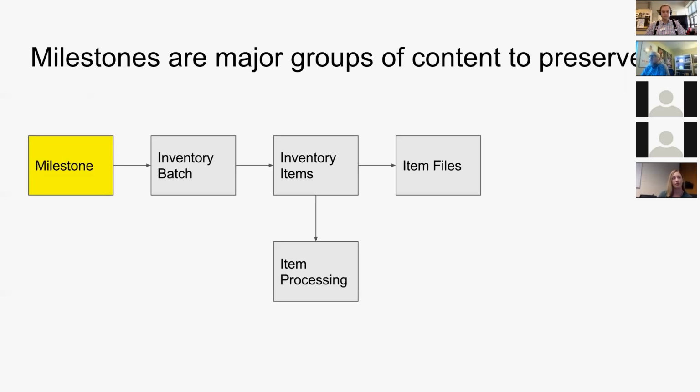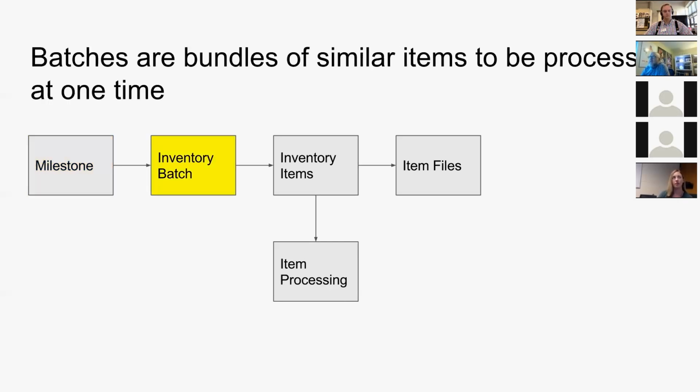So we have what we call milestones, and milestones are major groups of content that we want to preserve, like audio archives or theses and dissertations or some other collection of information. So milestones are really a kind of project management concept. Then we have what we call batches, and batches are bundles of similar items that we want to process at one time.